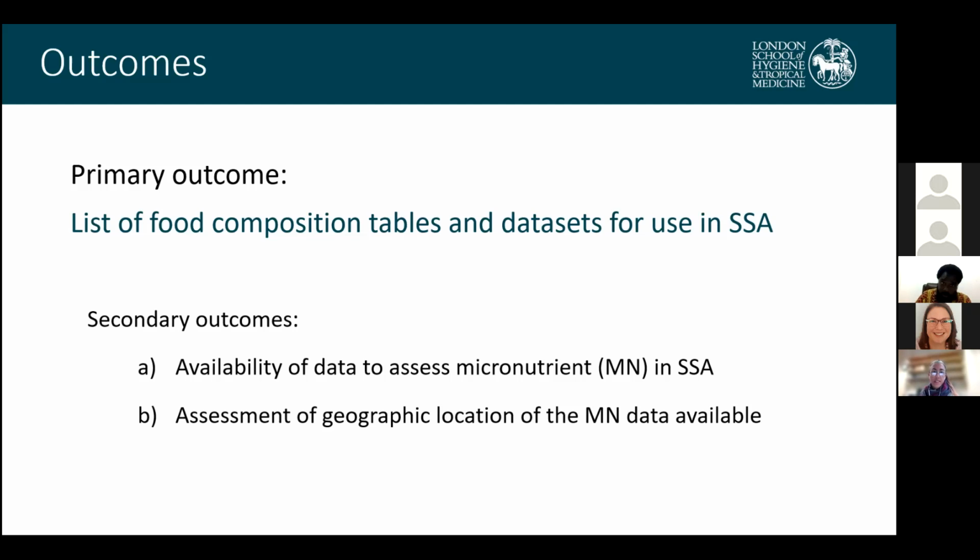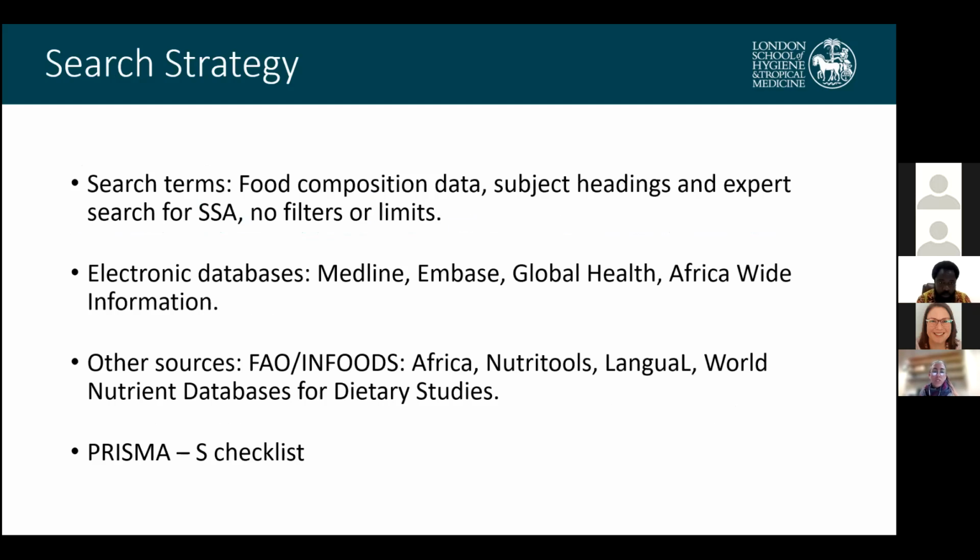of those data sets. So with that, we created a search strategy with words related to food composition data and nutrient content. We used subject headings and free text. We used an expert search for the countries in Sub-Saharan Africa. We used no filters, no limits.